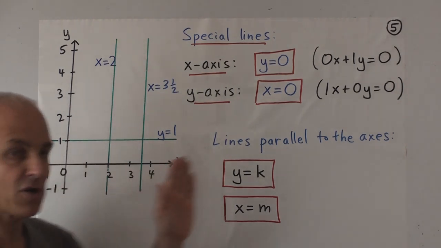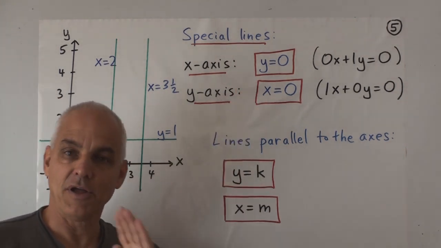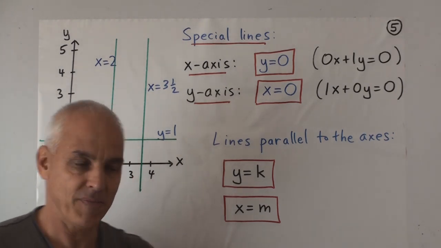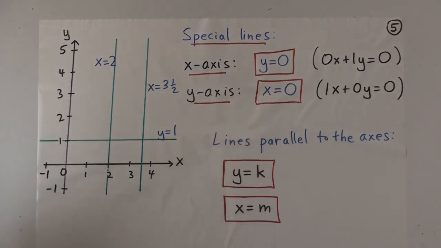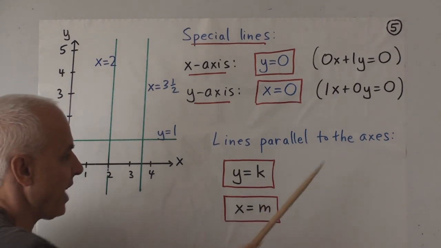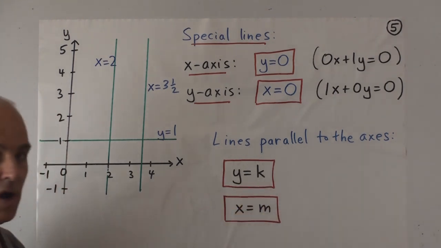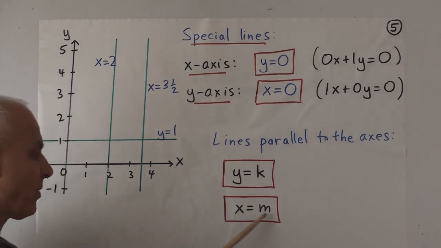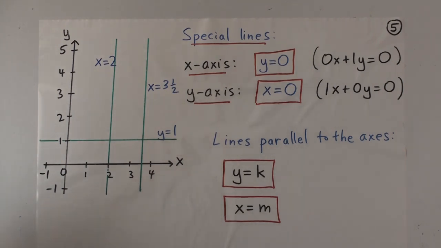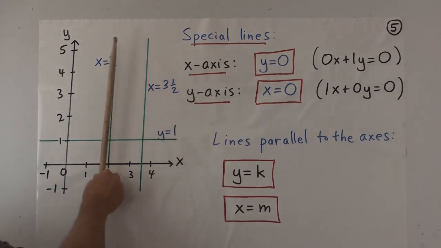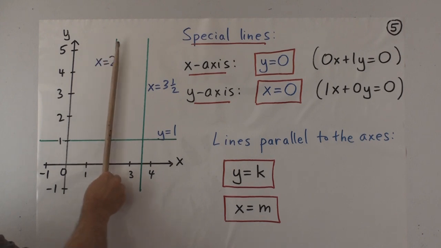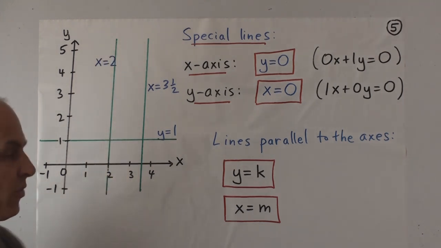Now, other lines which are closely related to these coordinate axes are the lines which are parallel to them. And they also have very simple forms. Lines parallel to the axes are either of the form y equals some constant, say k, or x equals some constant, say m. So for example, this line here, parallel to the y-axis, is the line with the equation x equals 2.